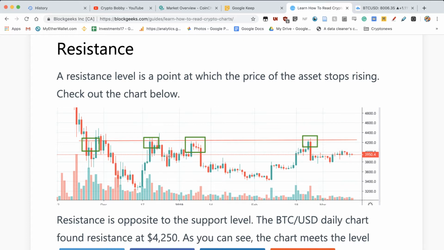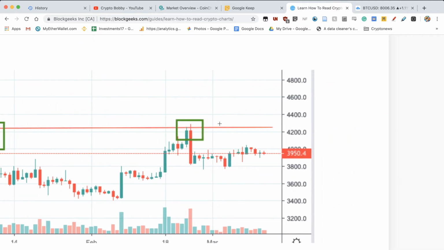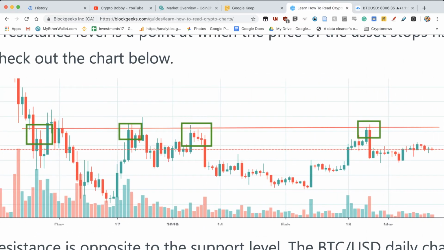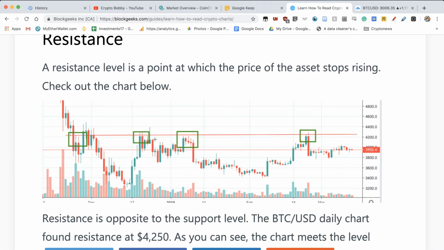So the price goes back down, and then tries again to break past, and so on. The resistance is a set price where the candles can't manage to break past. The bulls can't push the price higher than this price point.